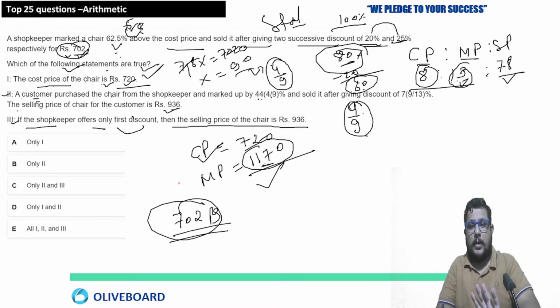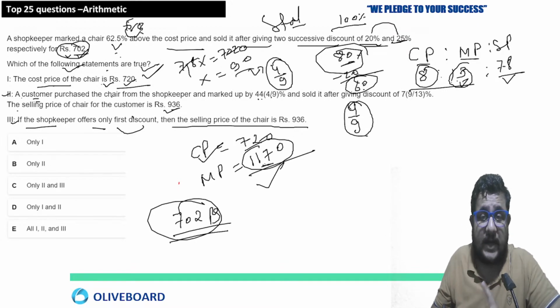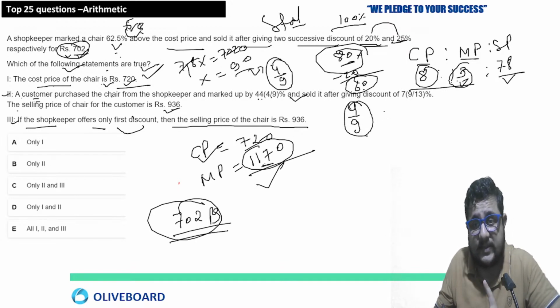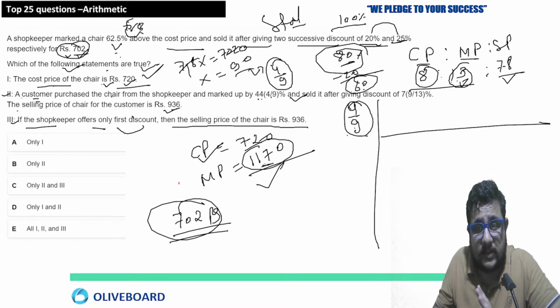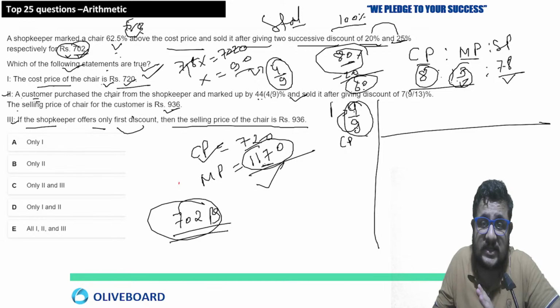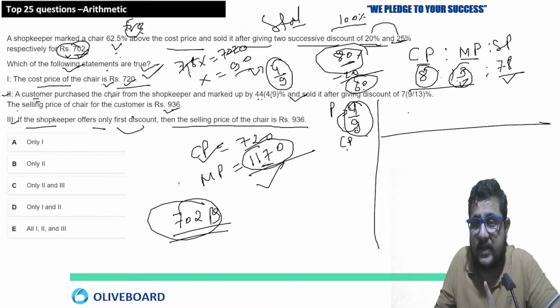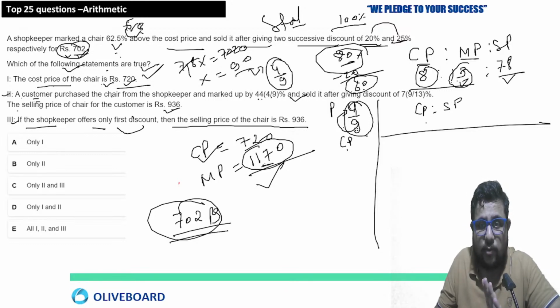Okay, means what is the price going to be here in the second statement? As per that, what is given here? This is cost price, and this is just the profit. 4 above, 4 by 9 above. So this is about profit. So 9 plus 4, cost price plus profit, is going to be selling price. So your cost to selling price ratio is directly going to be what?